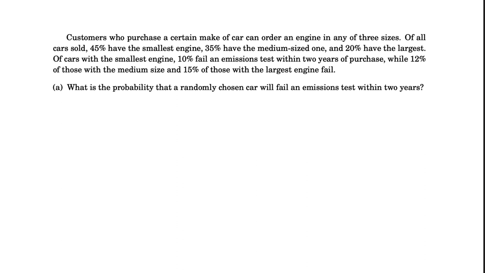And the first thing I want to highlight is this, and this is one of the things you want to do in all of these questions: identify the partition, right? So identify those sets that never overlap and they capture all of the possibilities.